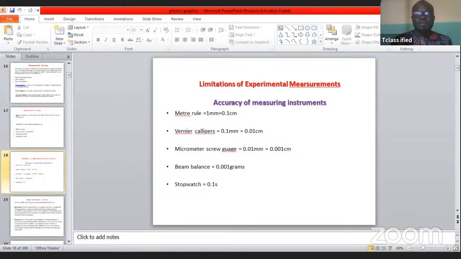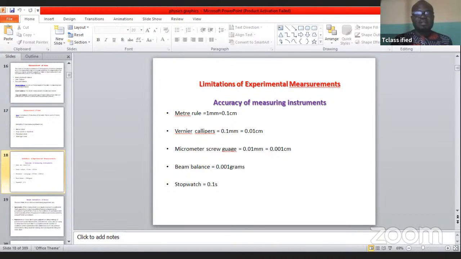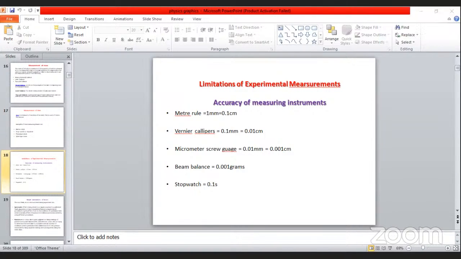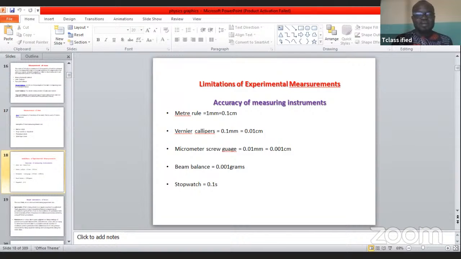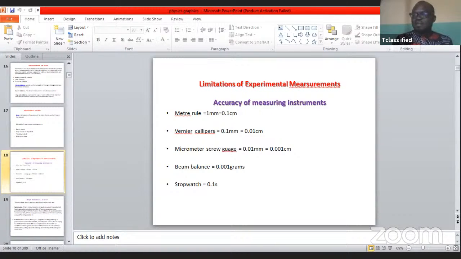Check your notes, you're going to see the answer there. Sir, did you hear me? I said you can use a micrometer screw gauge. Yes, that's what it's used for.